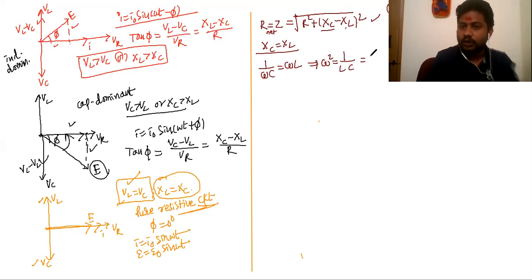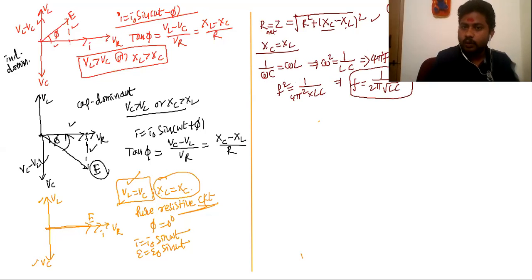I can also write this as 4 pi square into frequency square. So frequency square is equal to 1 by 4 pi square LC. So finally I can write frequency as 1 by 2 pi root LC. So a very important formula I have got.